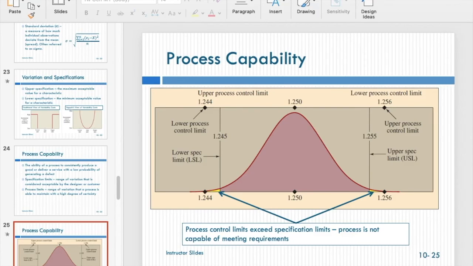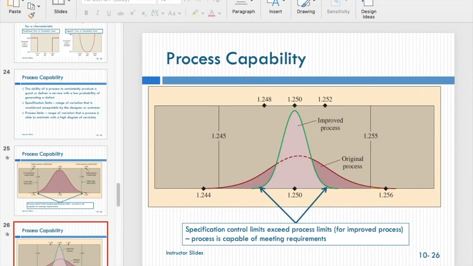You have to figure out the reasoning for this high variation, start to fix the problem and try to reduce the variation such that the process control limit is within the specification limit. But right now, this whole production process is not good enough. Your quality is not acceptable.